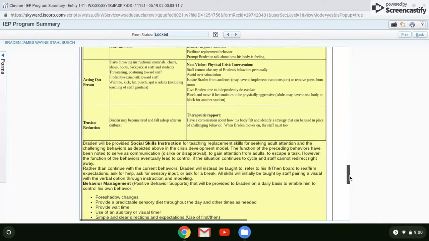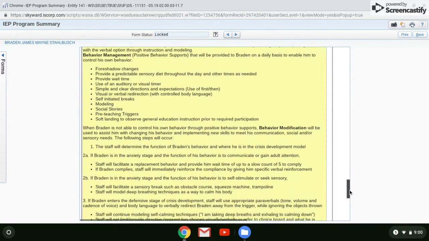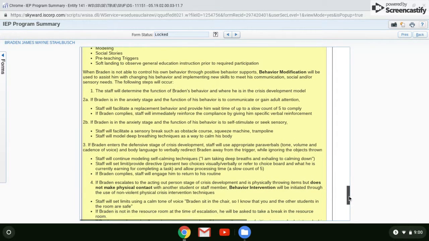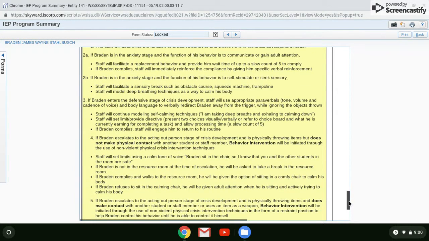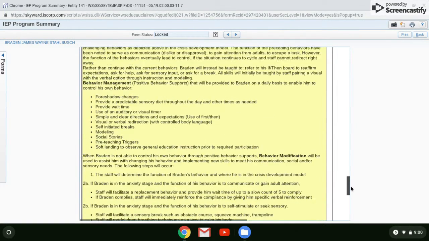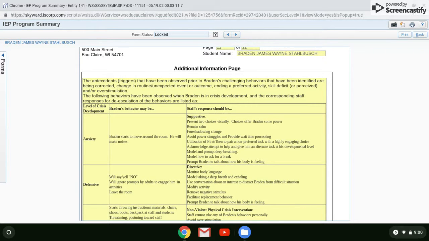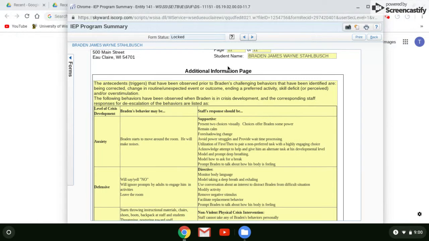So I have all of the areas outlined within here. Basically, talking about what can happen, how he reacts, and things you should do in order for him to be successful.